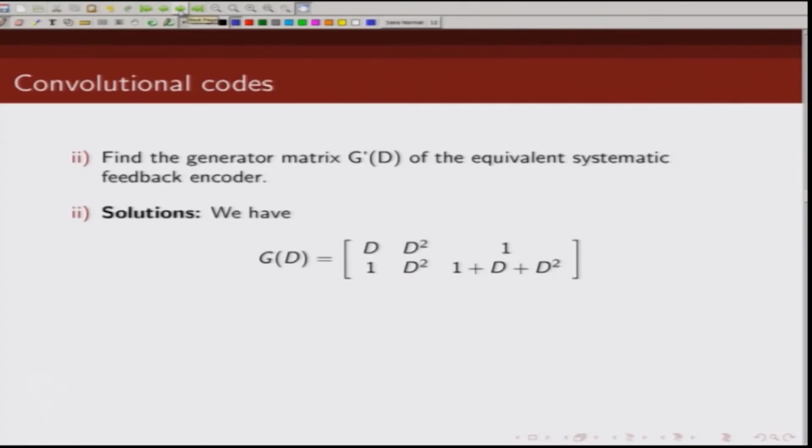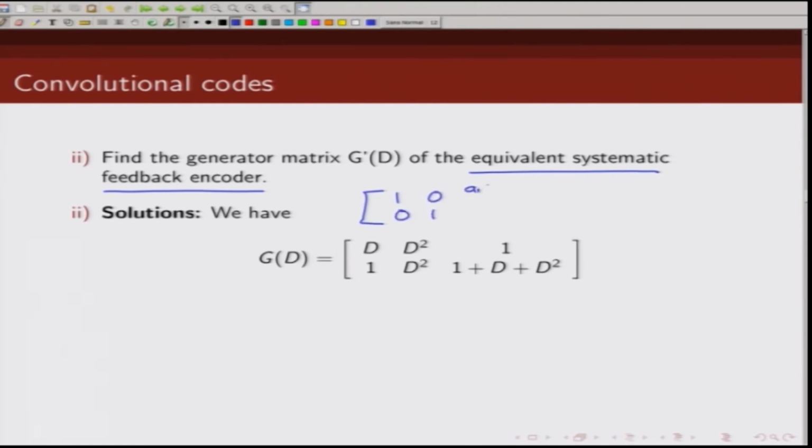Now, this was a non-systematic encoder. Can we find an equivalent systematic encoder or systematic encoding matrix for this generator matrix? The answer is yes. So, how do we find a systematic encoding matrix? This has to be put in the form like this: 1 0, 0 1, and some matrix here.